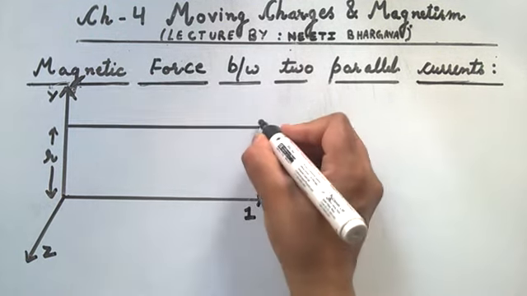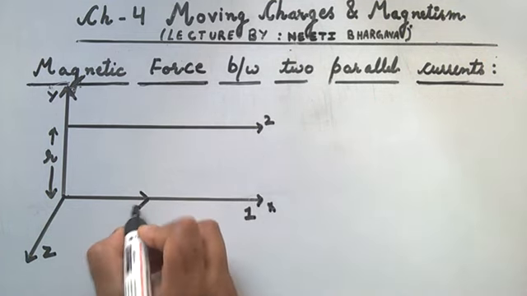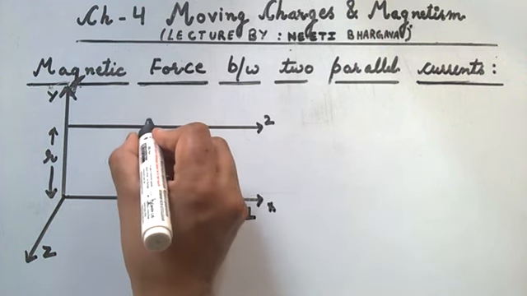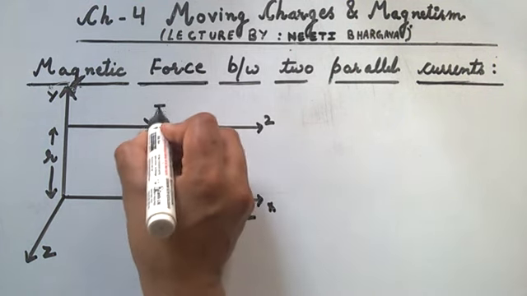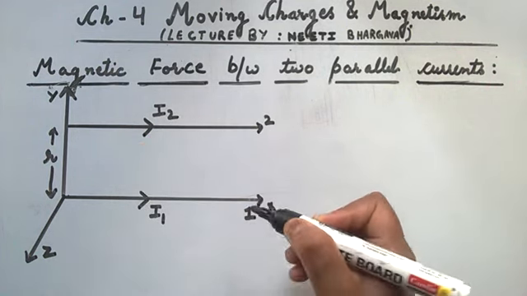Let this be wire 1 and this be wire 2, and the currents are flowing in the same direction. In wire 1, I1 current is flowing, and through wire 2, I2 current is flowing. Because each wire is carrying current, they will produce their individual magnetic fields.